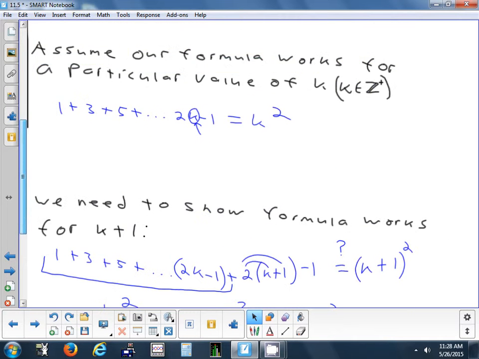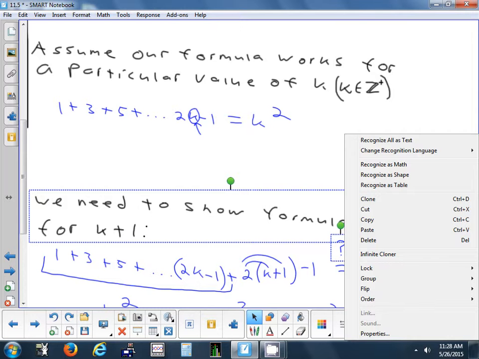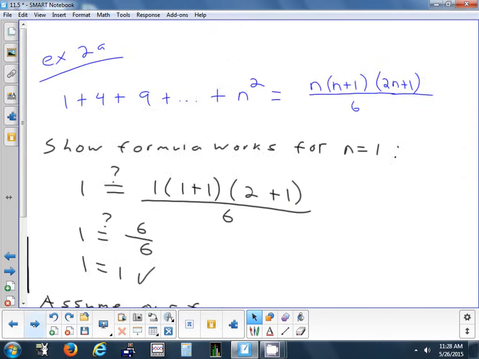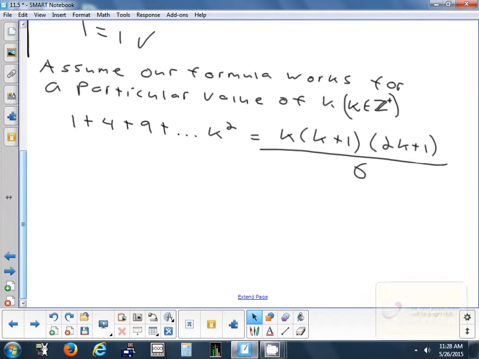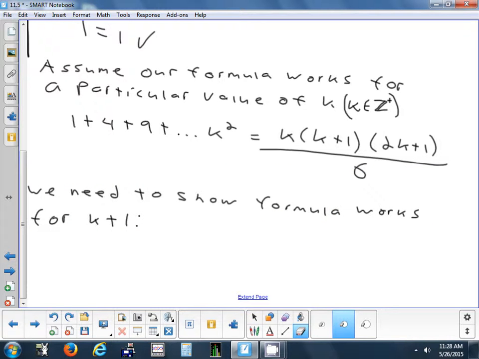Okay, so show that the formula you just wrote up above is going to work for the one after the one you just wrote. Anybody think they can tell me how the left-hand side is going to change if I add on the next term after k?